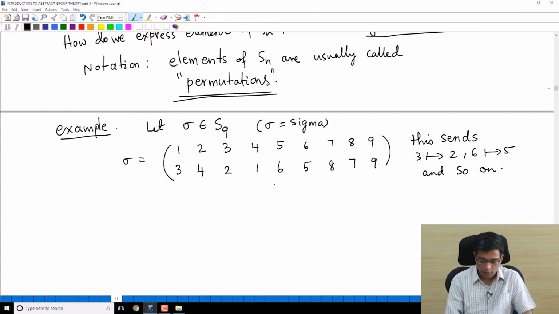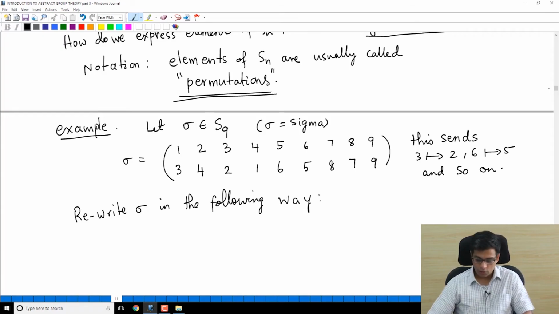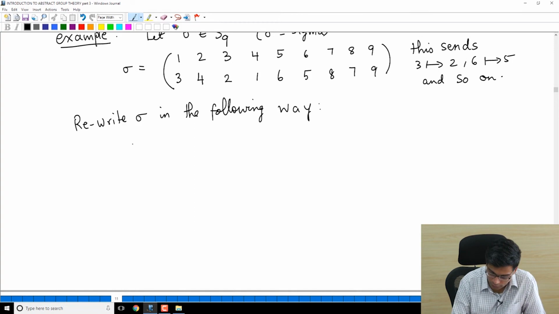So now rewrite sigma in the following way. So what is the way that we want to think of sigma? Let's start with 1. I can start with anything, let's start with 1.